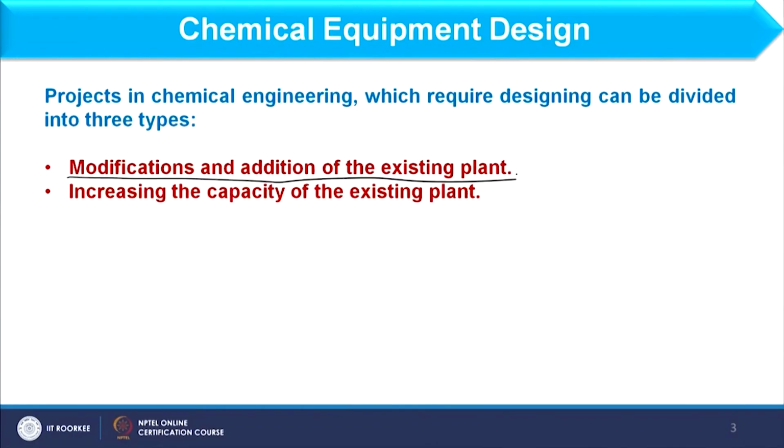The second category is increasing the capacity of the existing plant. What happens when I need to increase the production capacity of the plant? I also have to increase the raw material requirement in a given ratio.